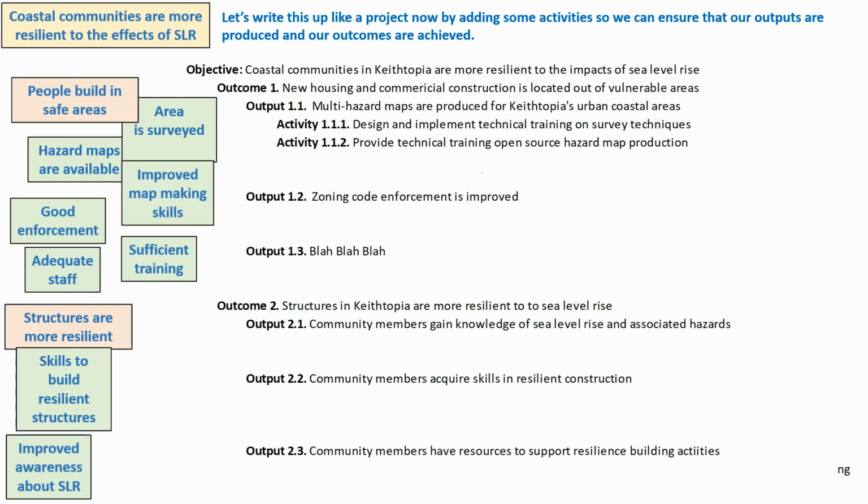And we know also that our stakeholders don't have access to expensive mapping software. So we've made a decision that we're going to do everything open source so that it's free. We're using free programs.